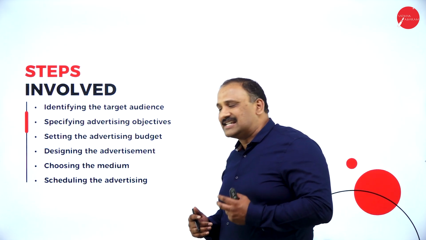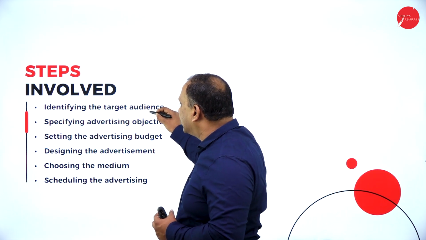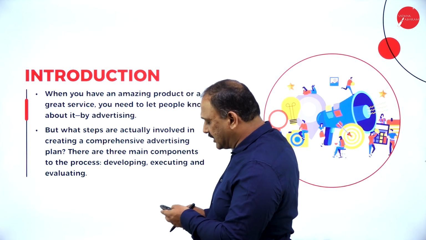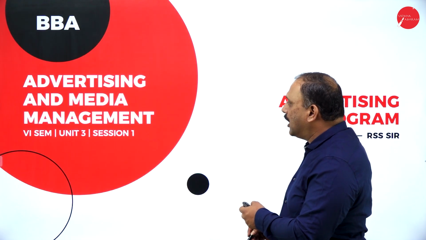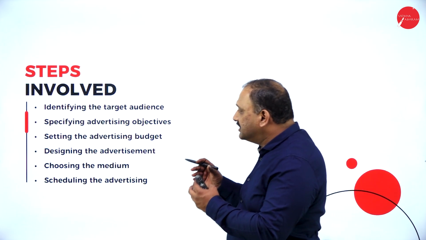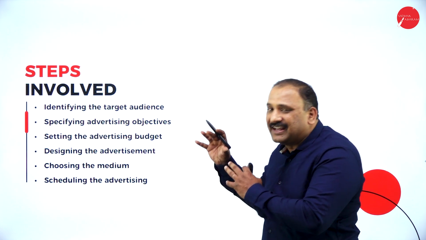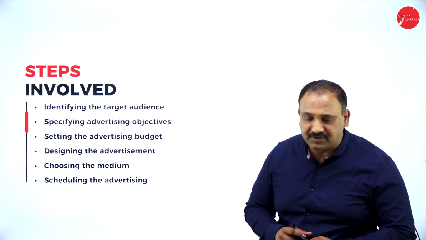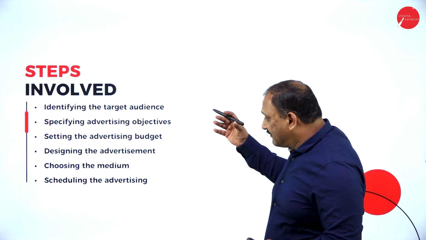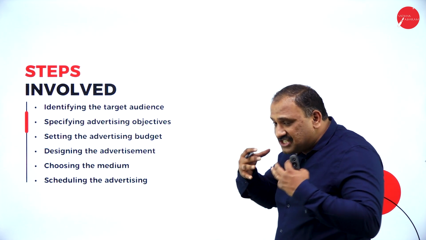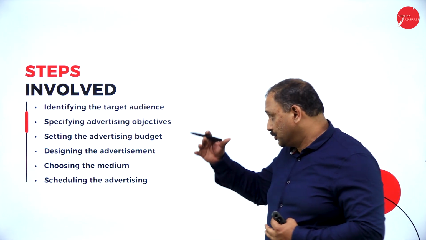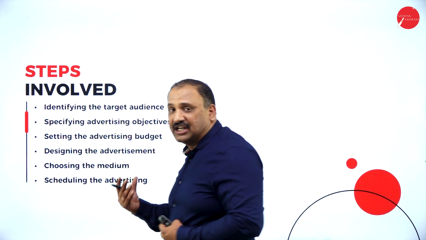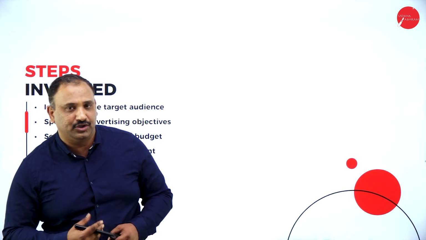First of all, let us identify the target audience, and we shall start moving about in terms of understanding the specific advertising objectives, followed by the advertising budget, designing the advertising, choosing the medium, and scheduling the advertising altogether.